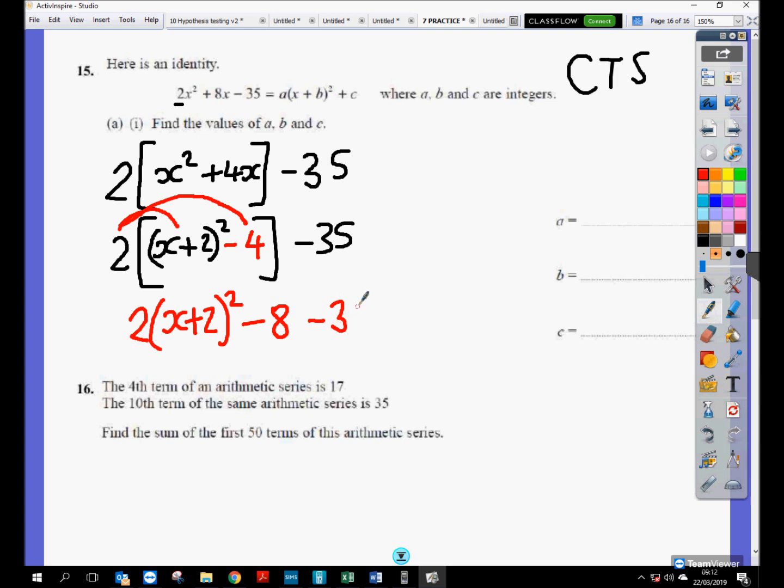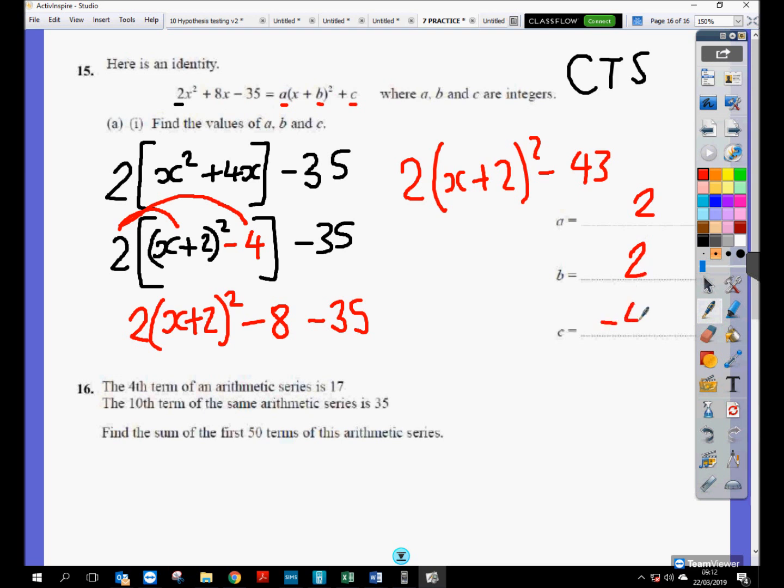And don't forget the negative 35 at the end. When we simplify, we end up with 2 brackets x plus 2 squared, and negative 8 take away 35 is negative 43. Now we can write down our A, B, and C. A is 2, B is 2, and C is the number at the end, negative 43.